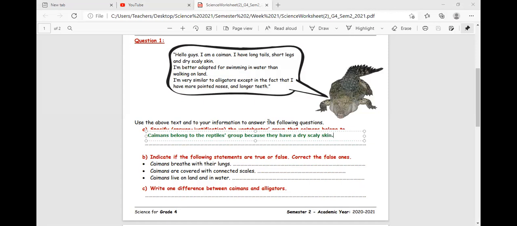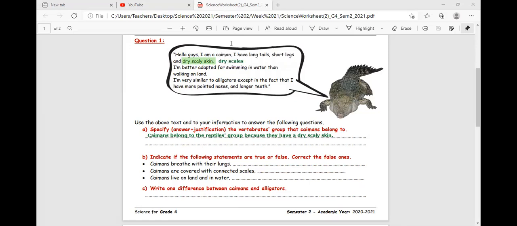Excellent. Look at the text. I am a caiman and I have a dry, scaly skin. This means that these animals have dry scales. Animals with dry scales are reptiles.